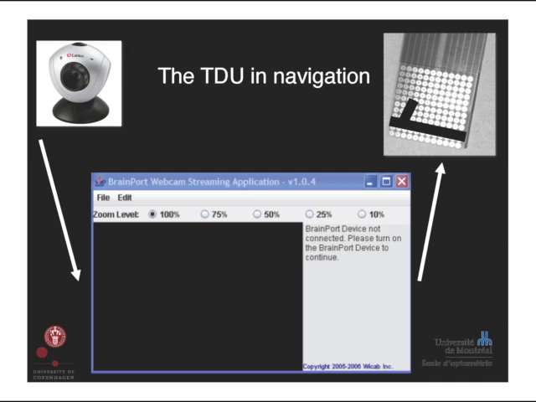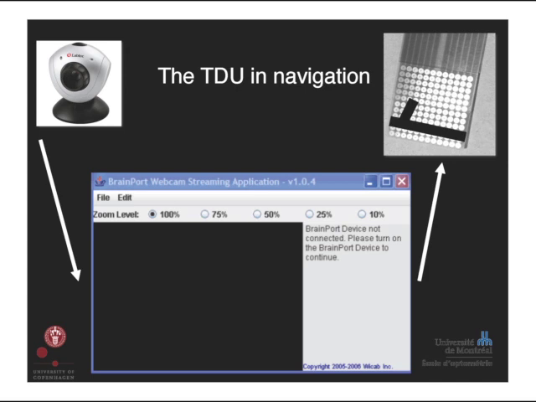The blind person is scanning with the camera worn on the forehead, as you see, and this is what the tongue is scanning here. So the subject moves, scans, and gets the image on these pixels that you see here on the tongue. And the end result is this.